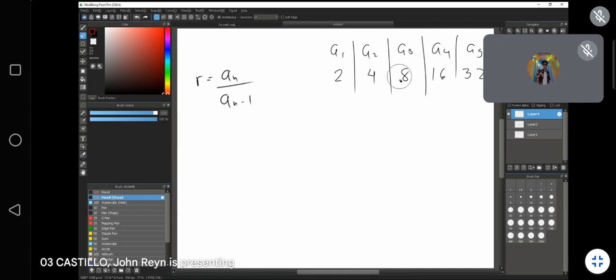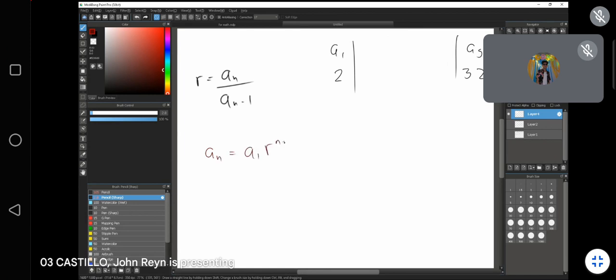So what if we don't have the terms in the middle? So we can't just divide 32 by 2. So what we can do is, remember, the formula that we always have to remember, which is a sub n equals a sub 1 times r to the power of n minus 1.